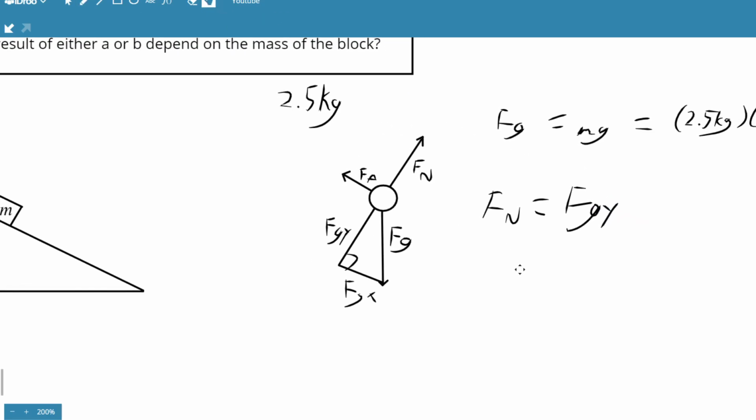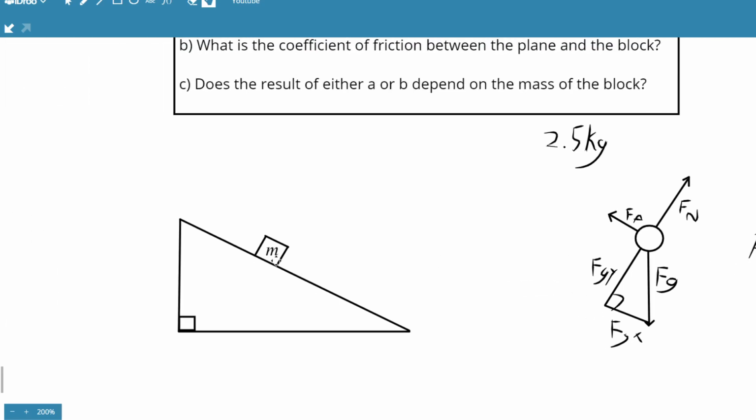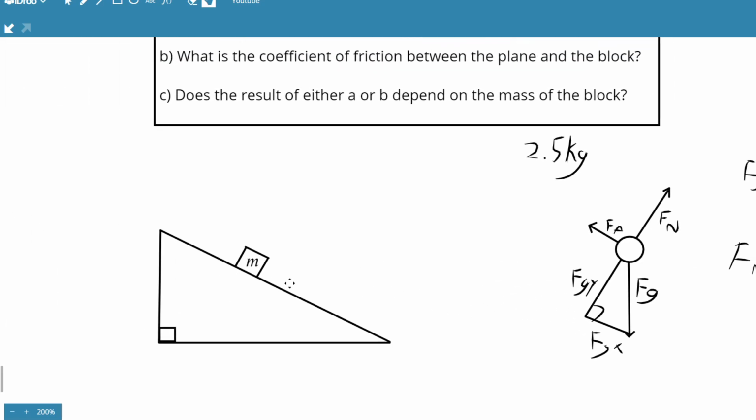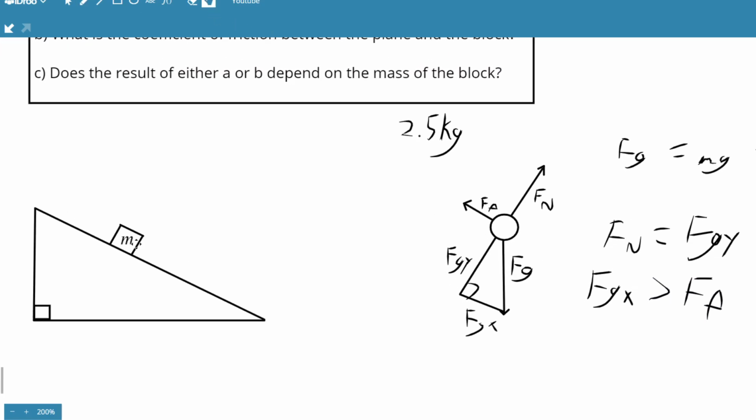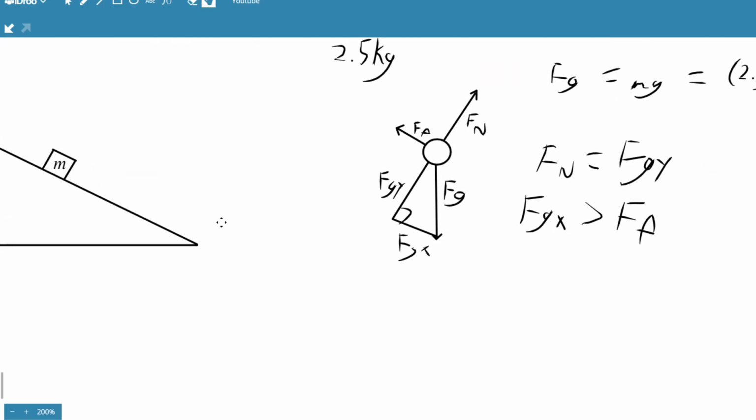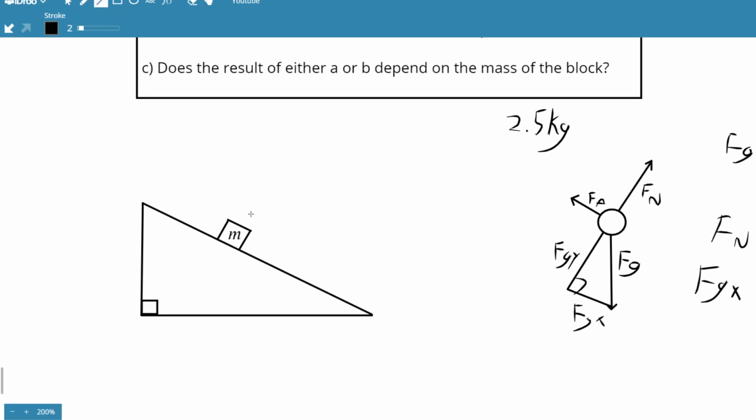And then since it is accelerating downwards, we can say that Fgx is greater than Ff, because these are the only two forces that are parallel to the plane that it is on. So I should probably start working on this other diagram. This would be G.